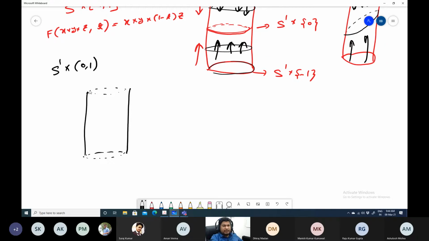Okay. Now, can you tell me what will be the deformation retract of this open cylinder? Circle. Circle. So which circle? Can we take that boundary circle?